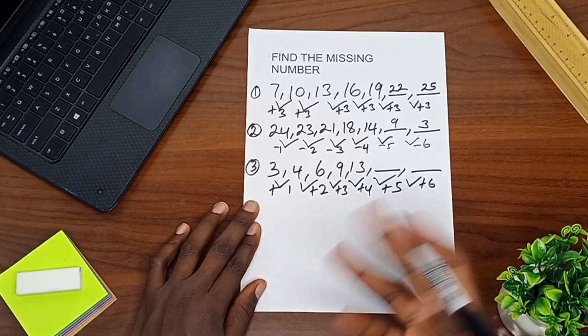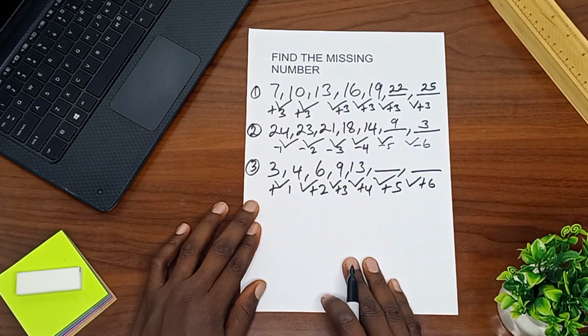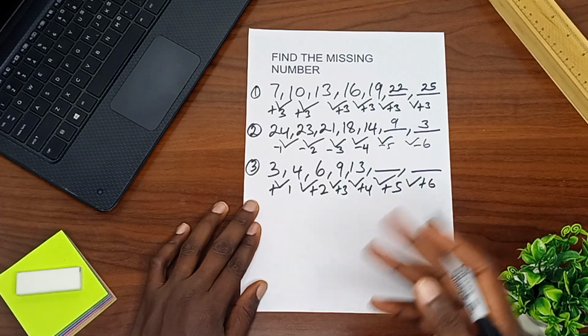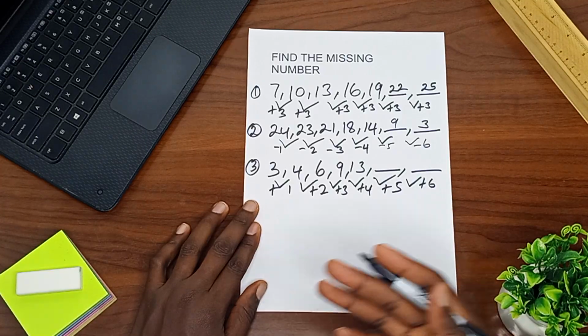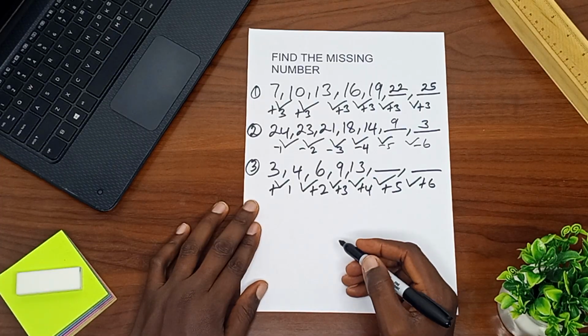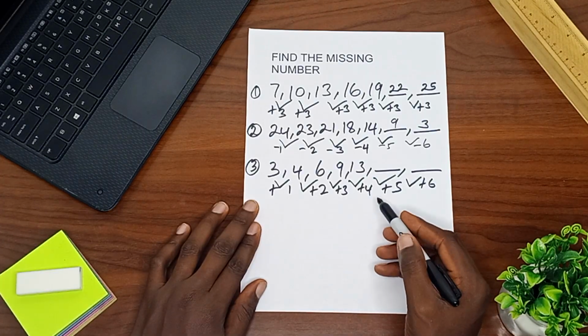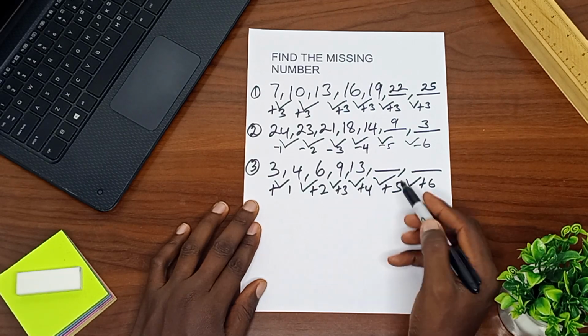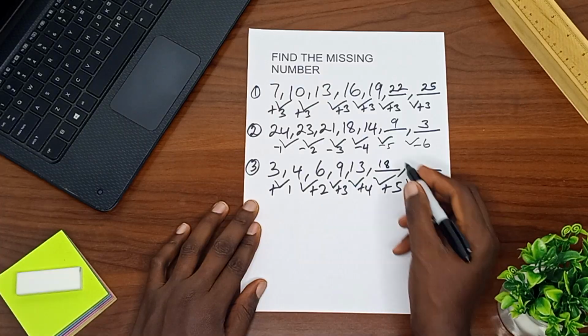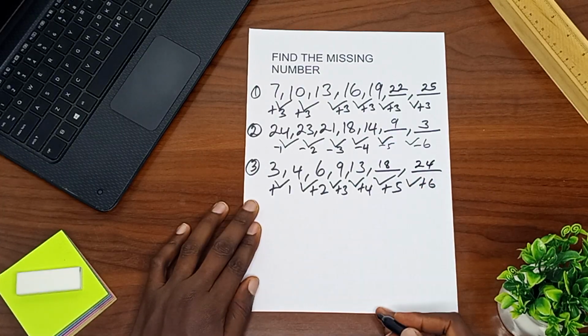Sometimes you'll find they are mixing up the sequences, for example, minus 1, minus 2, then plus 1, plus 2, like that, or minus 1 plus 2, minus 1 plus 2. So you need to be careful as you work out these numbers. So our next number here is 13 plus 5, that is 18, and 18 plus 6, that is 24. So those will be our next numbers in the sequence.